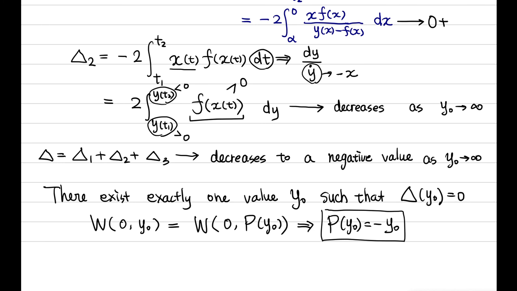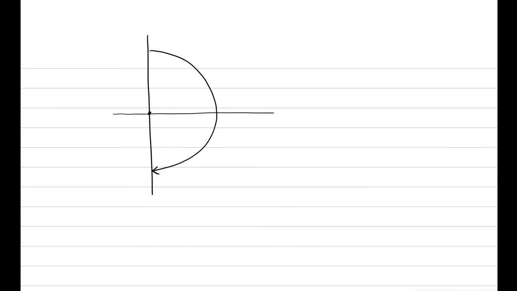Now we will show that this unique periodic orbit is the stable one. Let me write y naught for this particular periodic orbit, the unique periodic orbit where y naught goes to minus y naught by the Poincare map. And we found this from the monotonicity of delta.